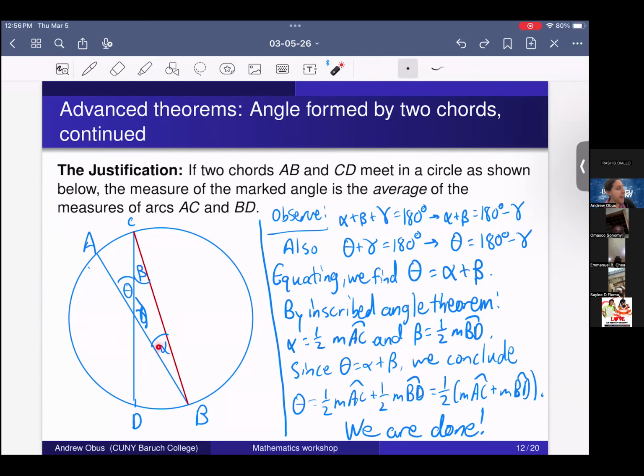And once you can do that, then you can use the inscribed angle theorem. I can't use the inscribed angle theorem for theta because it's not an inscribed angle. But beta and alpha are. And so if we transform theta into alpha plus beta, then we can use the inscribed angle theorem to get this arc result for theta. Okay, thank you. You're welcome.